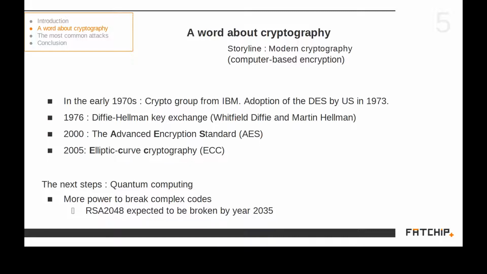In 1976 appeared the famous, even though the name might not be, Diffie-Hellman key exchange, which is basically the system of public and private key that we are still using nowadays. Just to make it quick, there is one public key and one private key that work in a pair, and one can decipher what the other encrypted.